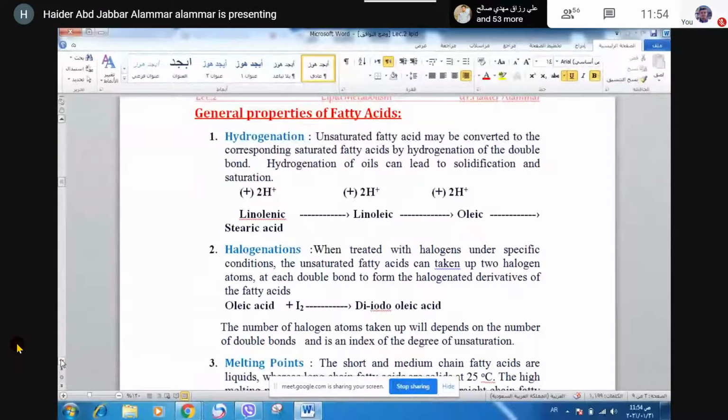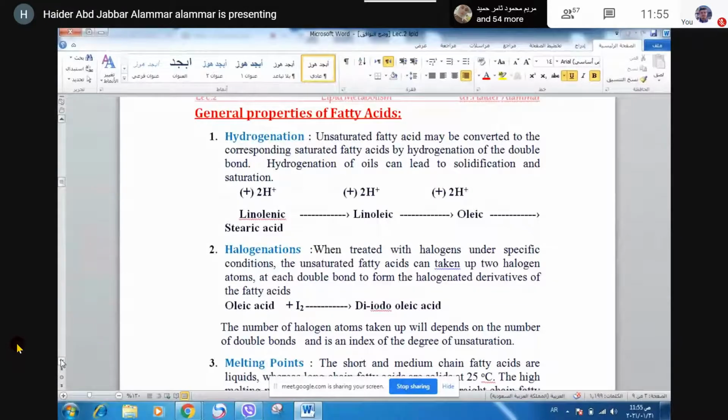So, because of this specific property of unsaturated fatty acids to take up two halogens, we can use it as a test. If I give you an unknown unsaturated fatty acid and ask how many double bonds it contains, I can know the number of double bonds by treating it with halogens.